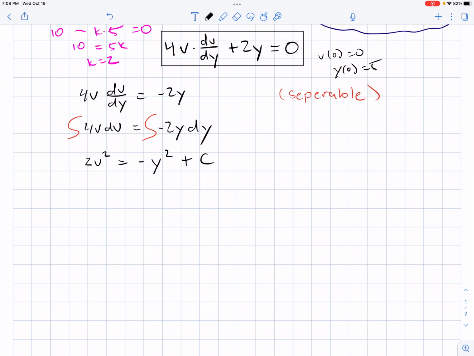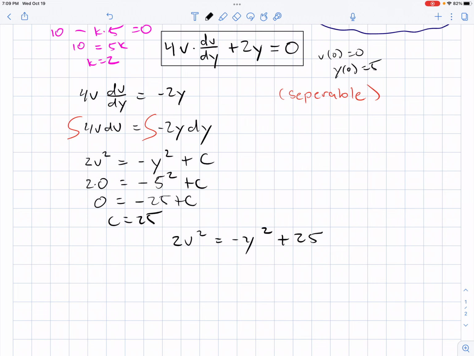Again, v of 0 is 0, so this is just going to be 2 times 0 being equal to negative, at t is 0, y is 5, so 5 squared plus a constant, and we get 0 being equal to negative 25 plus c. c is 25, and that pretty much does it for us. All we need to do is plug in that c. We get 2v squared being equal to negative y squared plus 25.